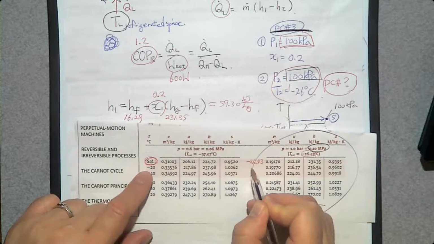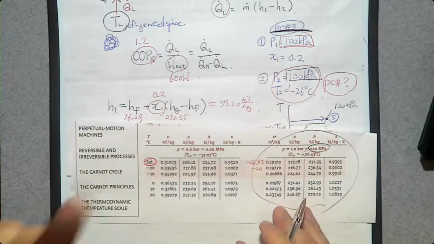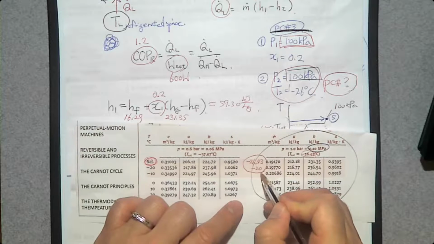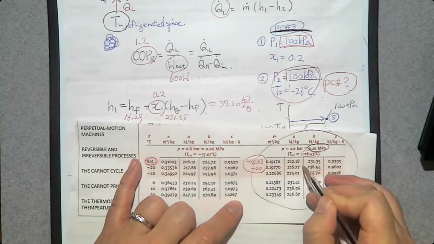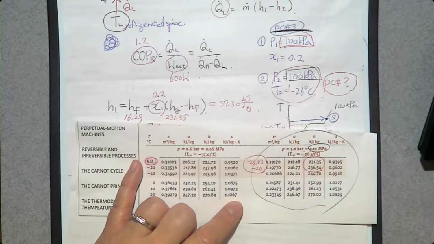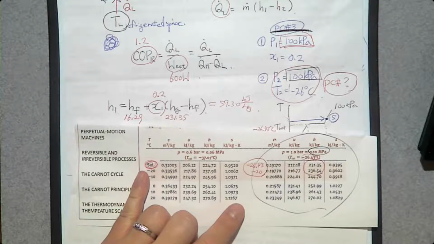The second temperature is minus 20. So minus 26 is between these two numbers. So the h value is going to be between these two numbers. You need to do a linear interpolation to determine h at minus 26. Okay, if you do, h2 is going to be 231.7.